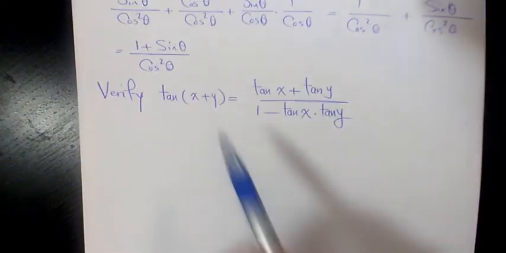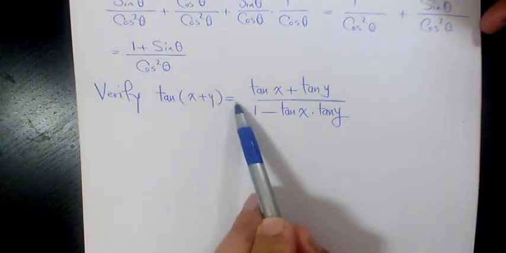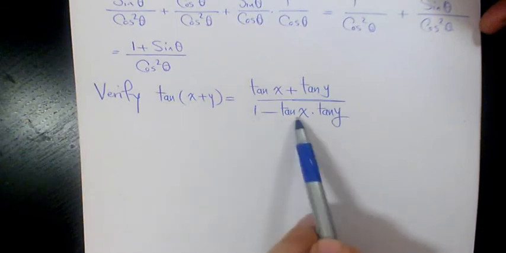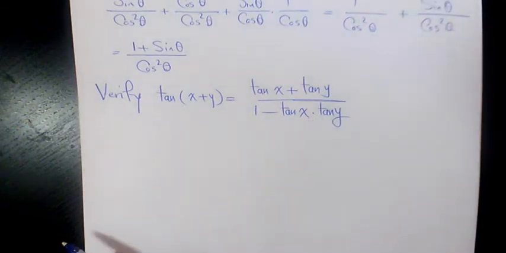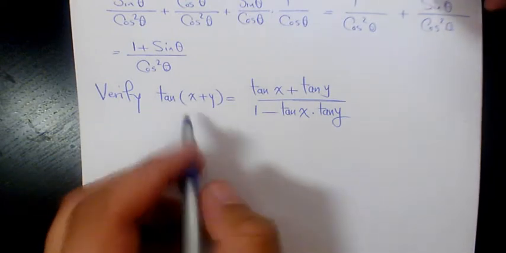Next example, we need to verify the tan compound angle formula, which is tan of x plus y equals tan x plus tan y divided by 1 minus tan x times tan y. So the first thing I'm going to start with, tan is sine over cosine.